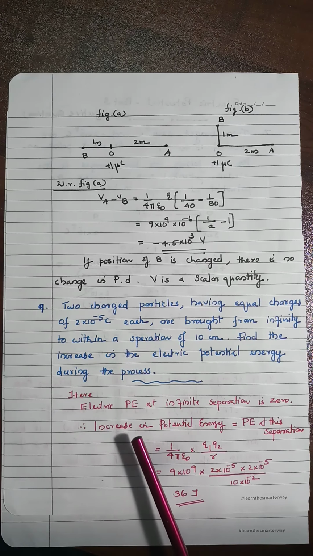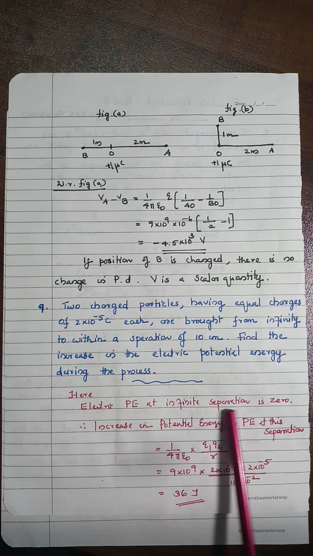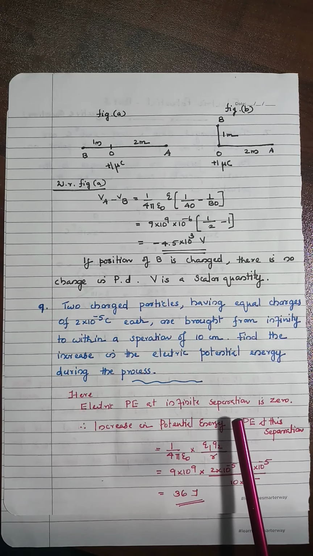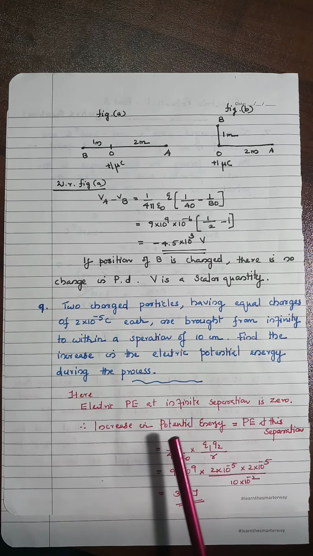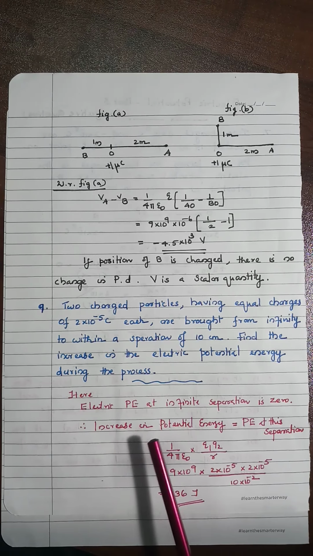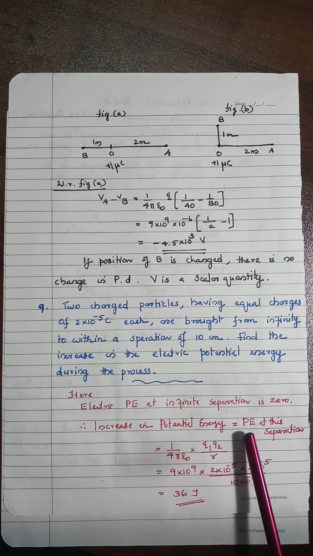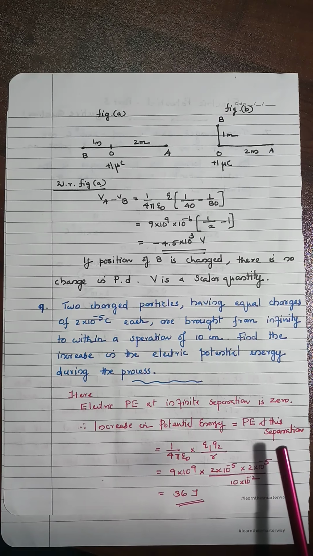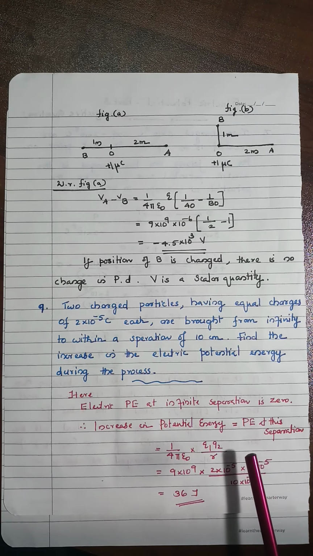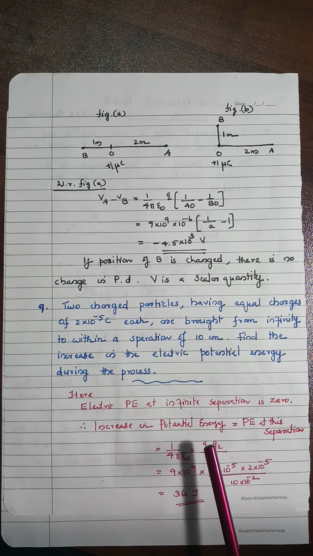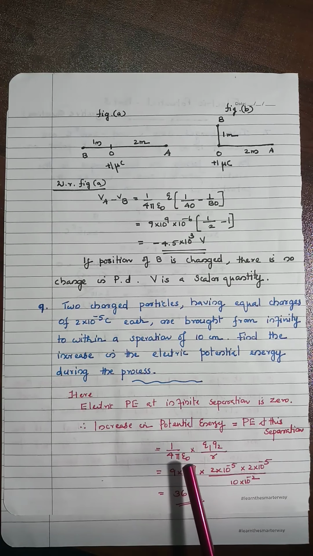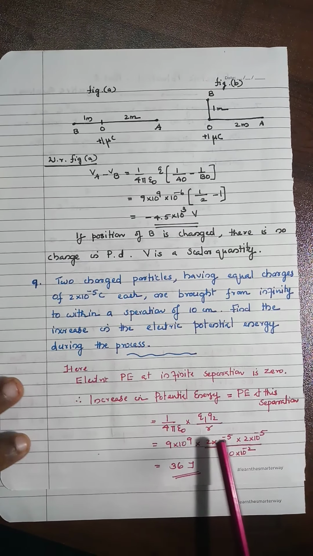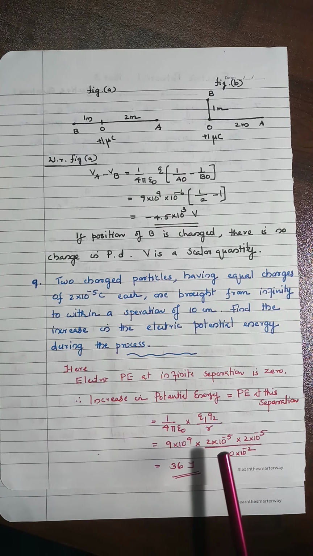You know one concept, the electric potential energy at infinite separation is 0. Then surely the increase in potential energy means the potential energy at this separation of 10 centimeter. But it is so clear for you as 1 by 4 pi epsilon 0 q1 q2 by r.